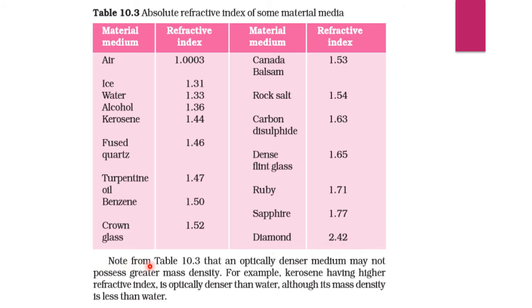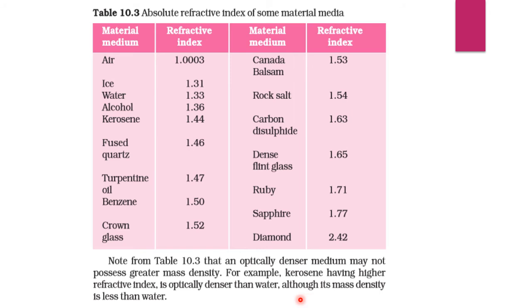Note from table 10.3 that an optically denser medium may not possess greater mass density. For example, kerosene, having a higher refractive index, is optically denser than water, although its mass density is less than water. You know that when we put kerosene and water together, kerosene is on top and water is down, so its density is less with respect to water.